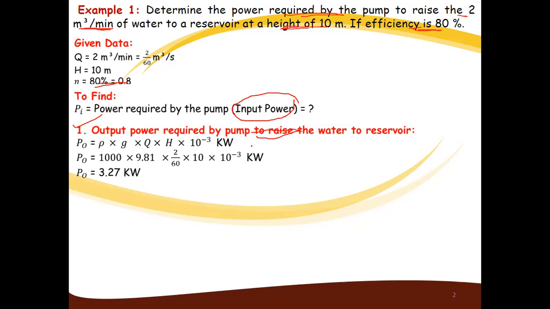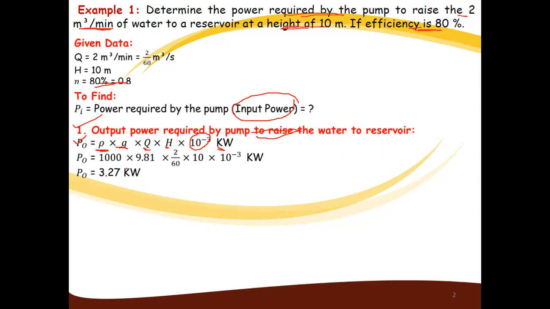So output power, PO is equals to rho, that is the density of water, G, gravitational acceleration, rho G Q, Q is the capacity, and H is the head. And this is 10 raised to 3. It is for converting power from watt to kilowatt. Okay, so it is rho G Q H into 10 raised to minus 3 kilowatt.